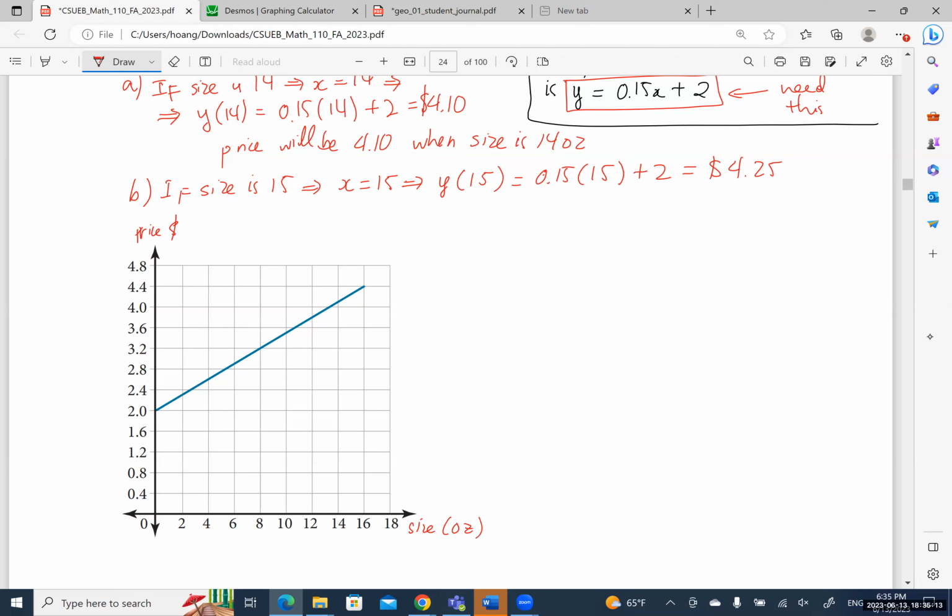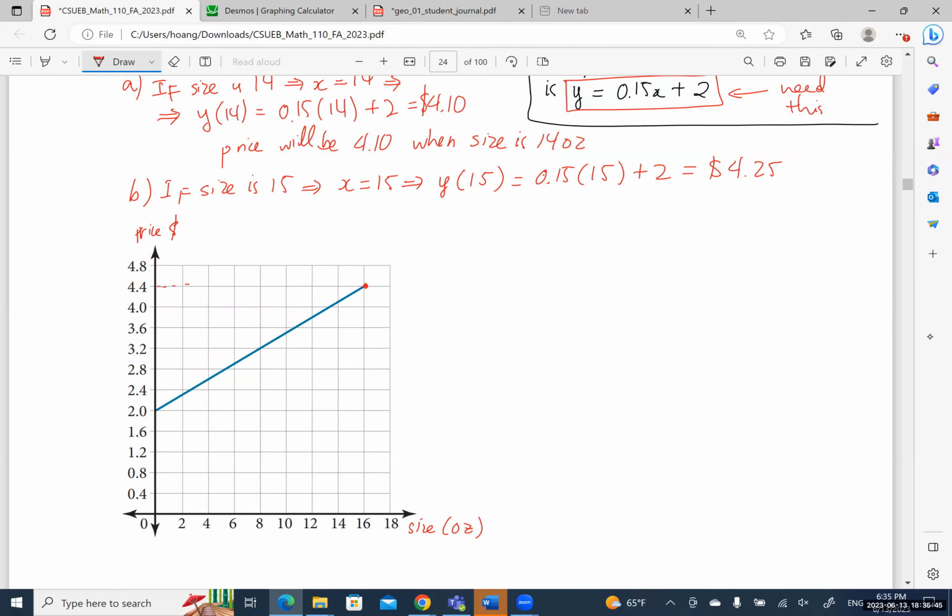A graph of the price function in terms of size. As you can see graphically, at 16 it was 4.4, right?